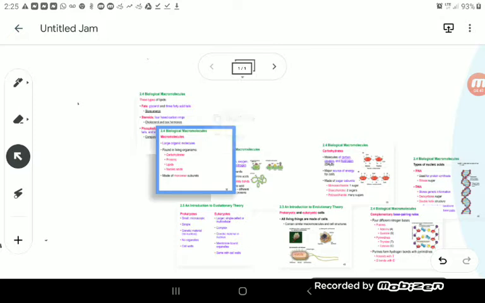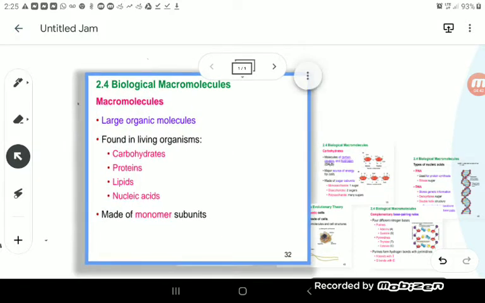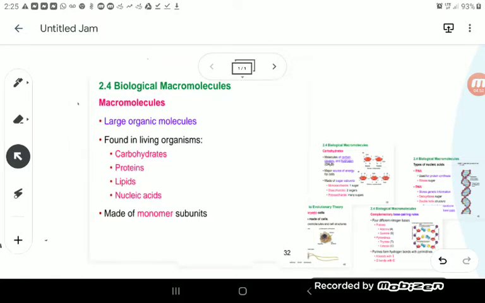The macromolecules, of course, I mentioned are carbohydrates, proteins, lipids, and nucleic acids. And we need to understand that carbs are, as I said, used for energy. Proteins are used for work. Lipids are used to make compartments or the outer membrane, which is to protect the inside from the outside, kind of a barrier.